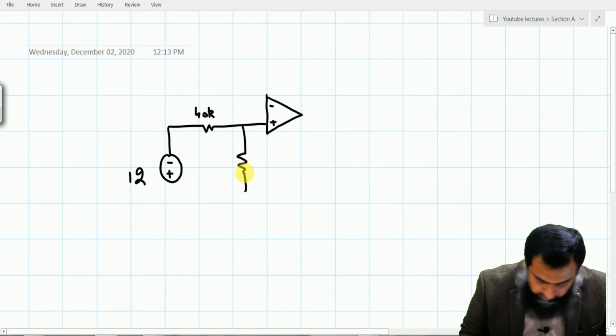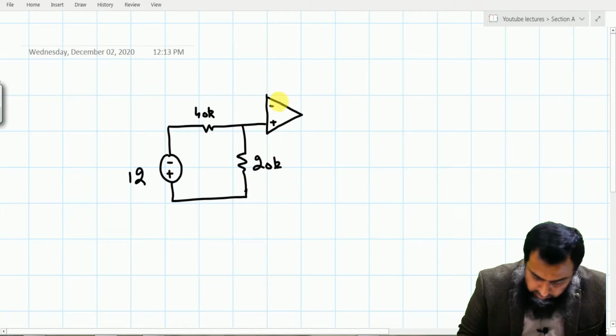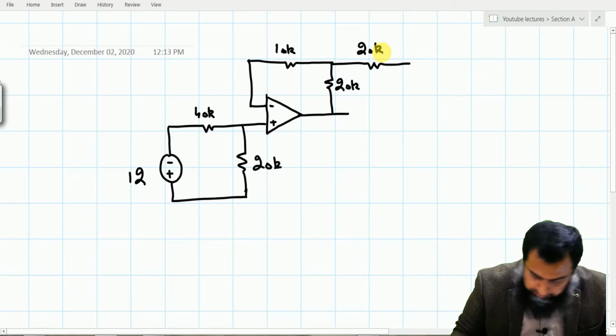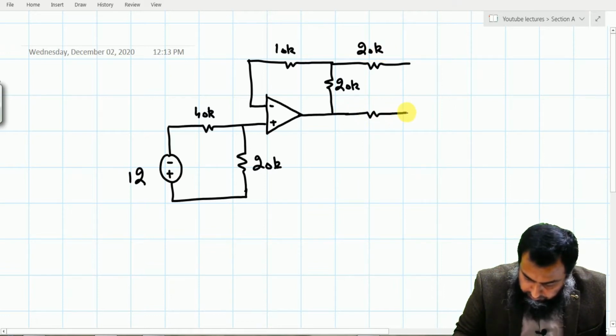Here we have this 20 kilo ohm resistance, and here we have this 10k. This is 20k. This is 20k. This is 20k.